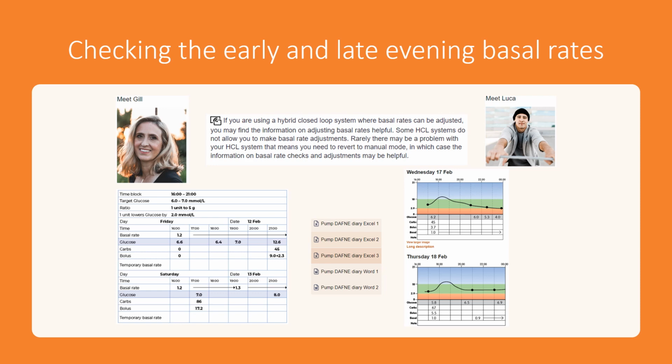There are alternative diary formats in Word and Excel provided by course participants and educators in the DAFNE Central Resources area, Remote Pump DAFNE Participant Course tab. If your participants would like to use a diary, choose the version that you think will suit them best.